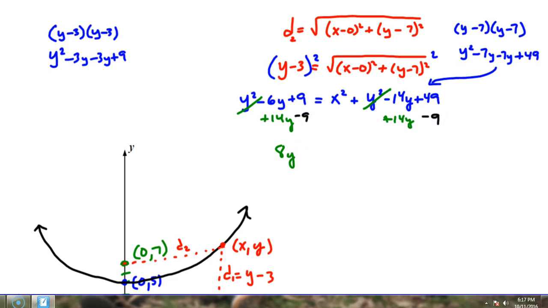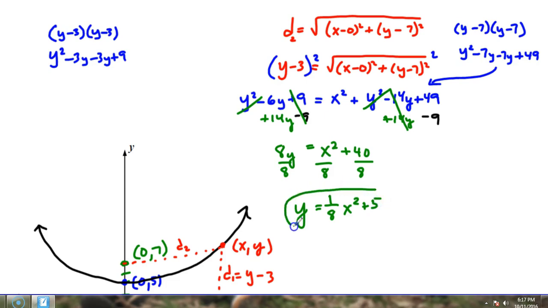So I've got 8y equals, those add to 0, those add to 0, x squared plus 40. Now I just need to divide. And there's our equation.